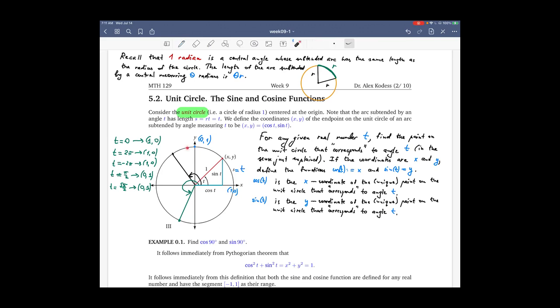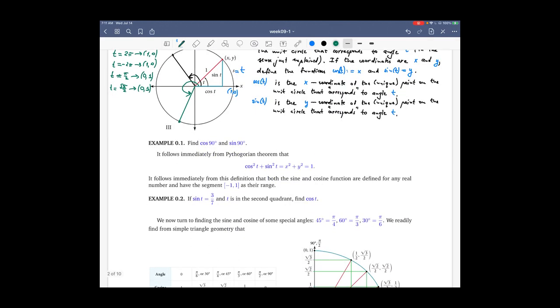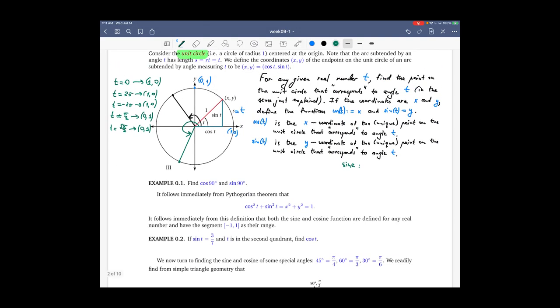The x and y coordinates of any point along the unit circle are from -1 to 1. So we note here immediately that the sine function and the cosine function are from R to R. It's easier to write this in words.